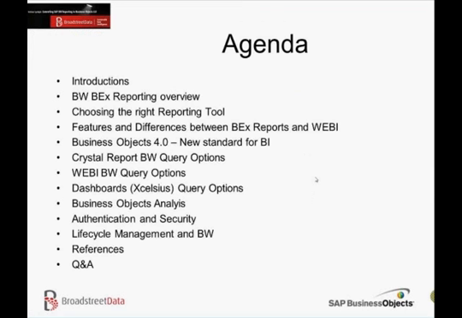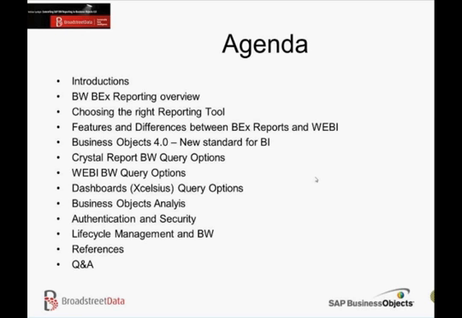We'll look at the different features available within BEX and BW reports, and see what types of features correlate to which of the BusinessObjects applications that we can migrate these reports to.